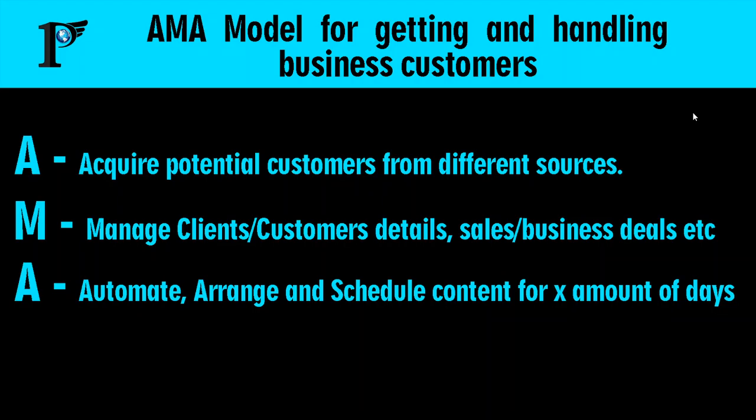That's what this A in AMA really means. Where will I get my customers from? Where will I get my potential clients from? Where are my audiences for this newfound AI marketing skill I have acquired? Okay, we'll be learning how we can acquire these customers in the next lecture just after this.